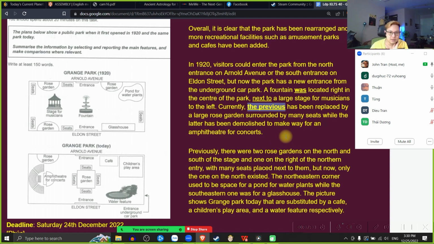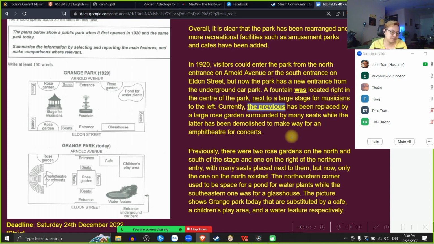To make way for an amphitheater for concert. To make way for sounds very spoken language. Cái chữ để dọn đường cho nó nghe như là văn nói đó.